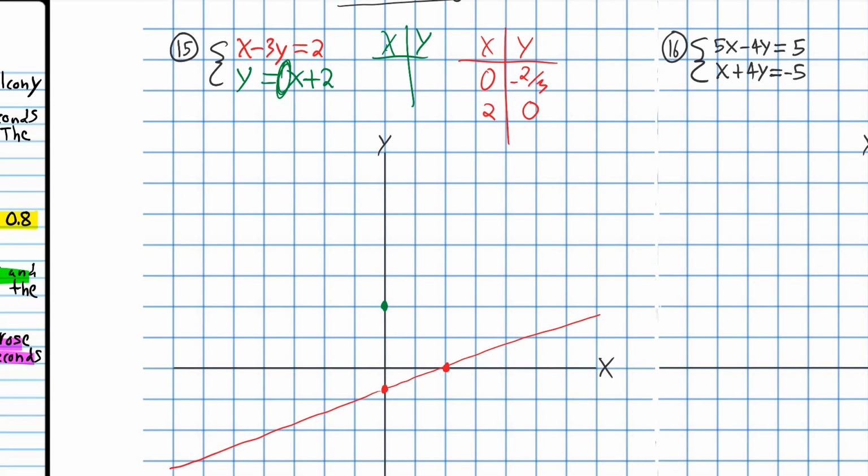So it's just considered to be 1. So what that means is we go up 1 and over 2. And we just keep going up 1 and over 2. You can make as many of these dots as you want. I'm just going to make one triangle there. And then we just connect the dots.